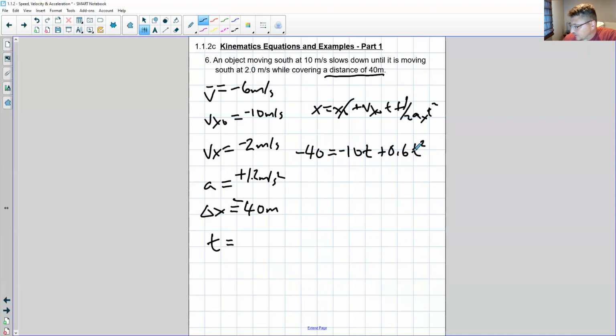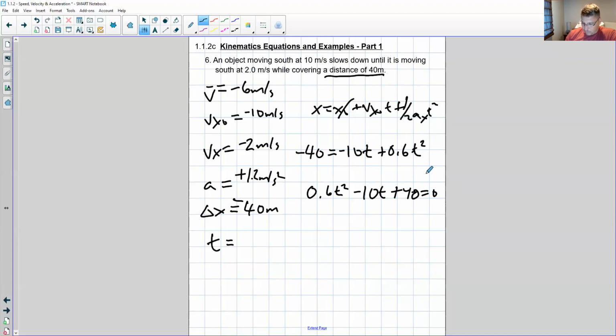The problem here is that we end up with a quadratic function, 0.6 t squared minus 10t plus 40 equals 0. Now you can do this. You can go ahead and solve this as a quadratic. This is certainly not something you can factor, but if you know how to use the quadratic solver, which I can show you how to use in class, and I will, I'm going to go ahead and use my quadratic solver.